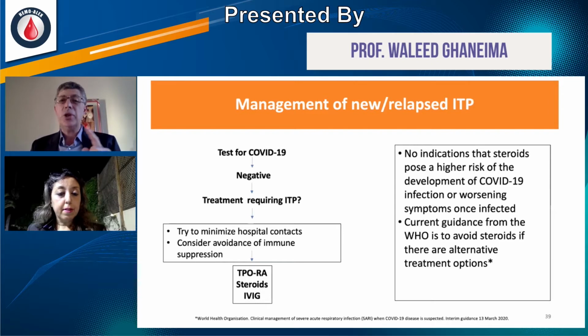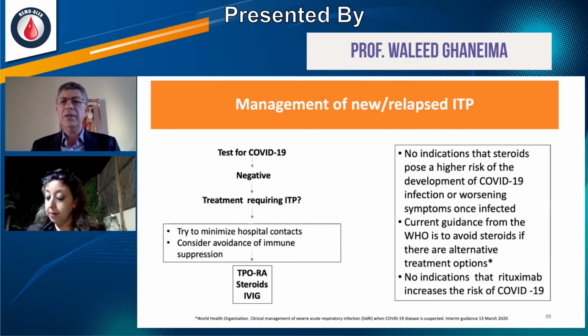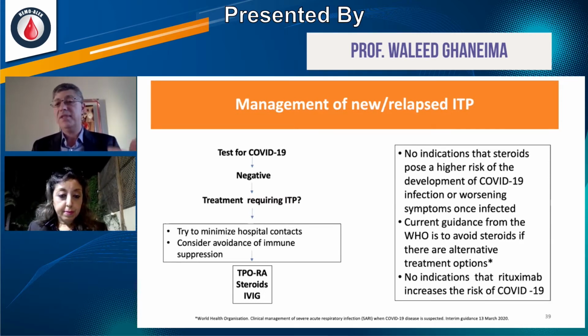But the WHO in general recommends avoidance of steroids if there is an alternative treatment, and there's no indication that rituximab increases the risk of COVID-19. I don't know if you have any experience, if you have seen worsening of ITP due to COVID-19.